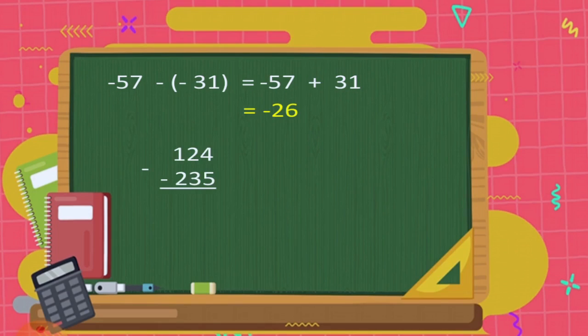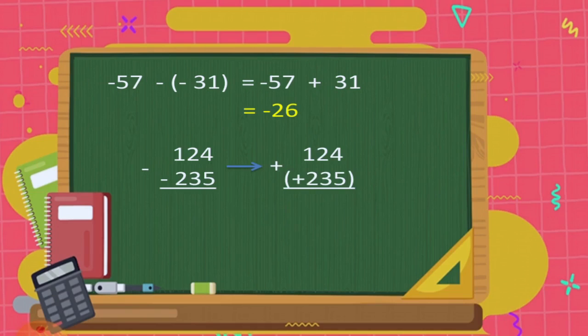Next example, 124 minus negative 235 is, change the sign of the subtrahend so it becomes positive 235. The subtrahend is the negative 235 and change it to positive 235. Add directly the numbers because like signs.